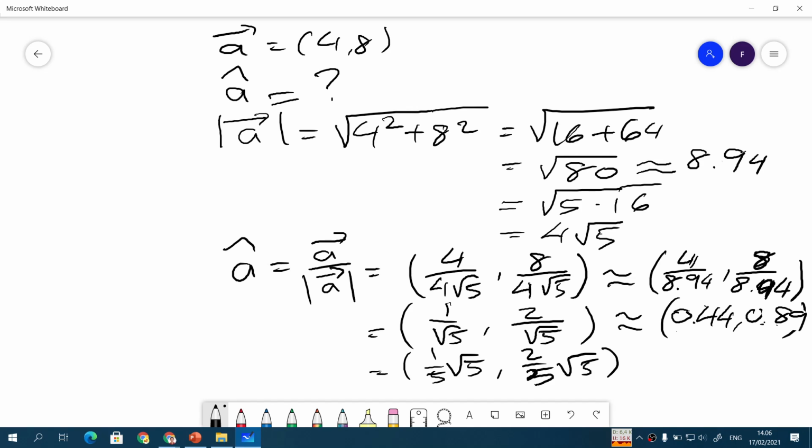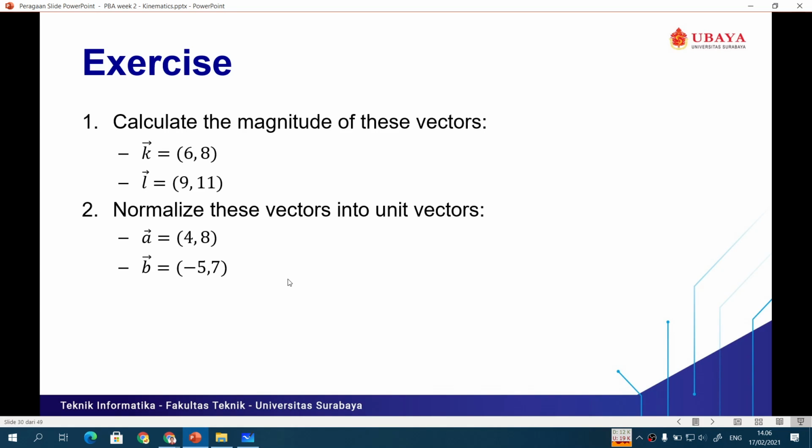Okay, if there are no questions, then how about b? I have b equals minus 5 and 7. I will give you some time to calculate the unit vector of b. So b is negative 5 and 7, yes?